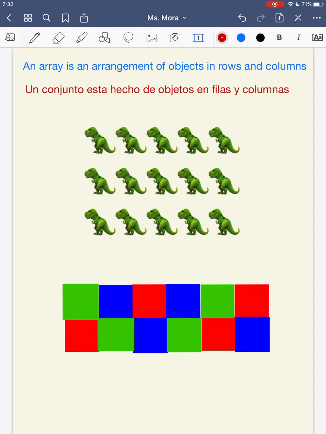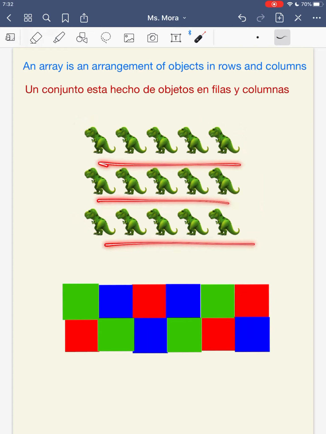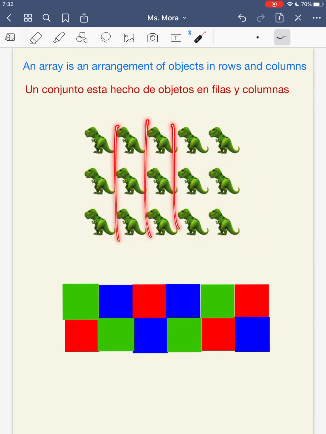So guys, just a reminder, an array is an arrangement of objects in rows and columns. Okay, un conjunto está hecho de objetos en filas y columnas. So, if you look at the array up top with the dinosaurs, that array has spaces in between the rows and the columns.